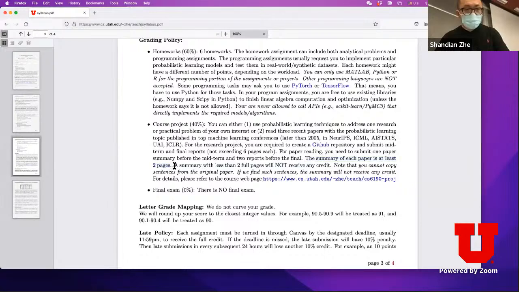And that means you cannot use 1 page or 1.5 pages. If your summary is less than 2 pages, you won't have any credit. Right? This is just to ensure that you really understand that paper. Right? And don't copy any sentences or paragraphs from the original paper. If you do that, we cannot give you any points. Okay?